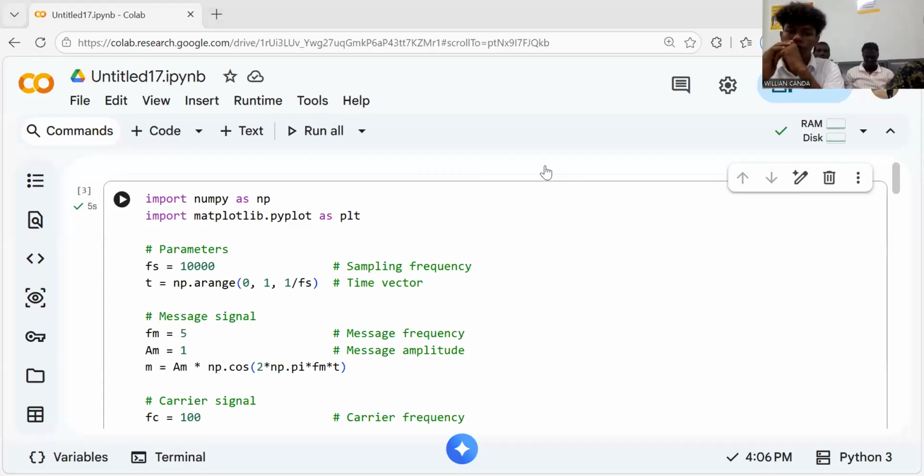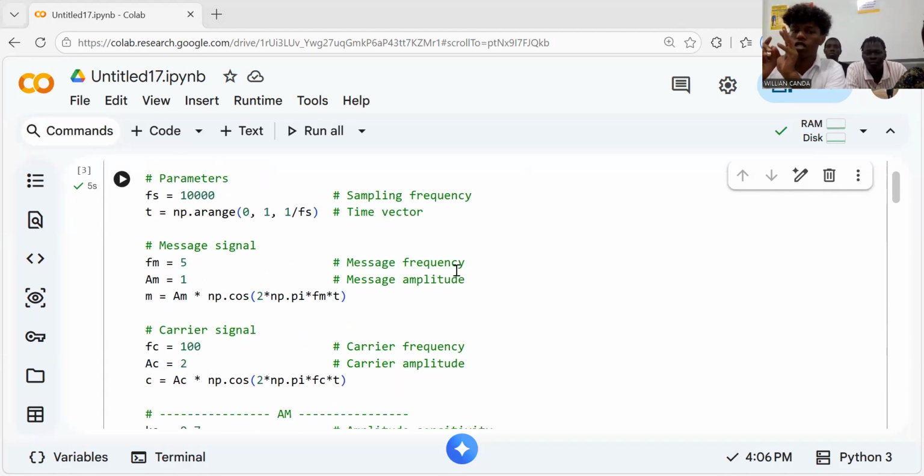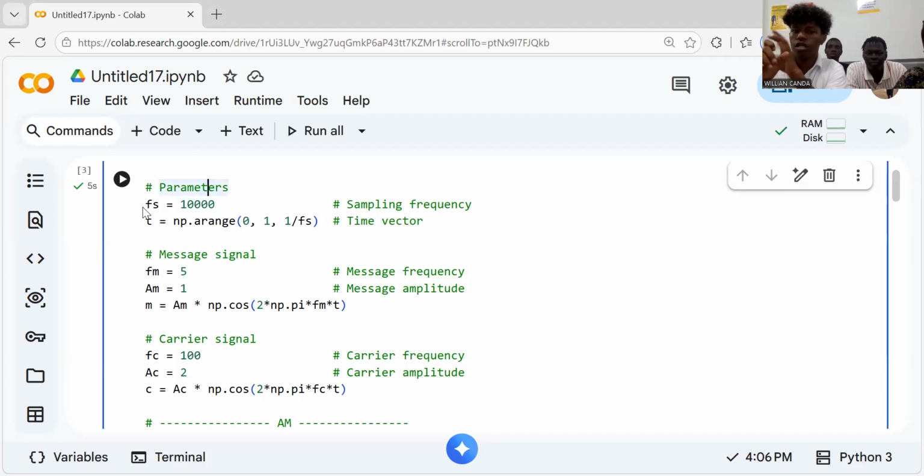So here we have first the libraries that we use, NumPy and Matplotlib. For the parameters, we use 10,000 as the sampling frequency. For the time vector, we used 0 to 1, with step 1 divided by the frequency.